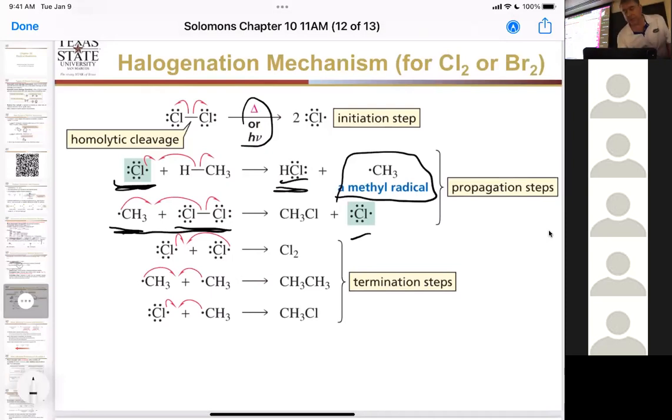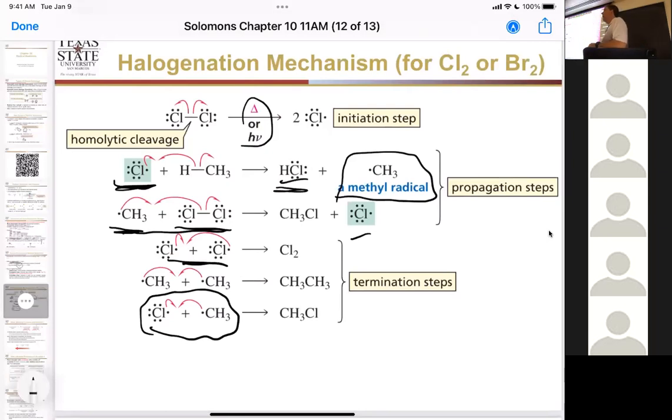And then what happens is you have radical-radical coupling. Now, in the case of a chlorine finding another chlorine radical, is that a bad thing? No, because that's what we use to start the reaction. It'll just go back to reactant, so that's cool. If we go with the chlorine radical combining with the methyl radical, is that a bad thing? No, that's the product we were looking for. So that's a good step, but it does remove the radicals.